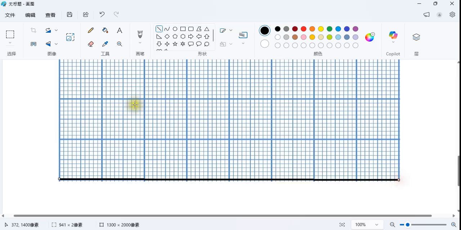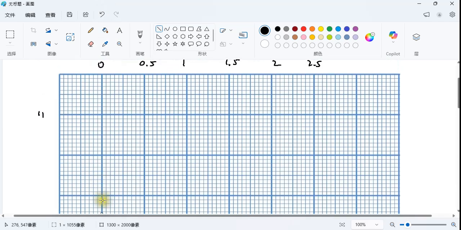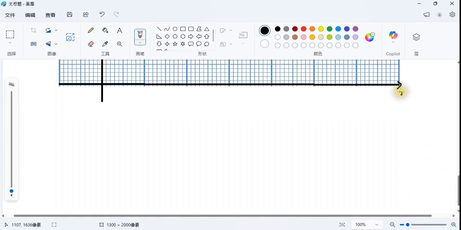Okay, and then the x-axis and the y-axis. So we have the x-axis and the y-axis here. So this is y, and this is x.